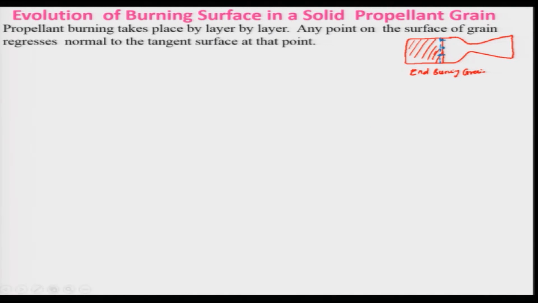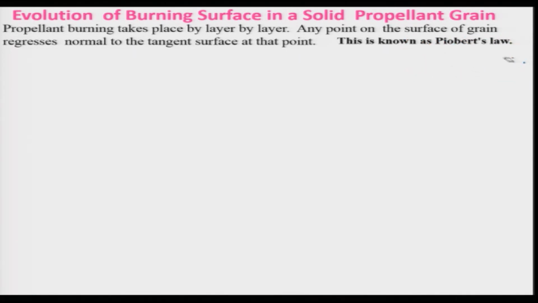That means, if I take a point here on this surface, this is your propellant surface, or surface of grain, this will be regressing in this direction, perpendicular to this tangent plane. And this law is basically known as the pivot law.